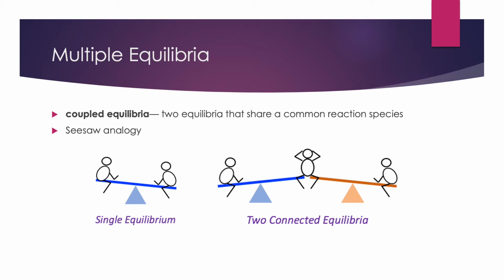Okay, but imagine if you had a weird playground where you had seesaws so close together that the same person could sit on two different seesaws, and there would be partners on both of those seesaws helping them to balance. Well, that would be a very complicated balancing situation. I think you could imagine it would be pretty difficult to find the right conditions that would allow you to sit stably in one position. But nevertheless, that situation could exist, and in some sense it represents what we're finding when we have two coupled equilibria in the same reaction mixture.